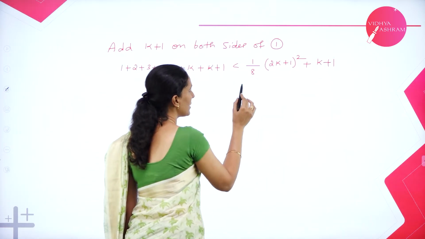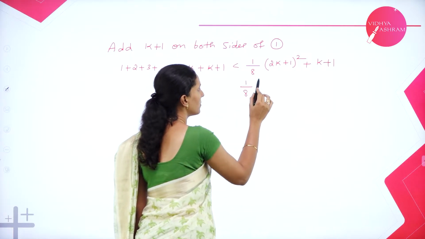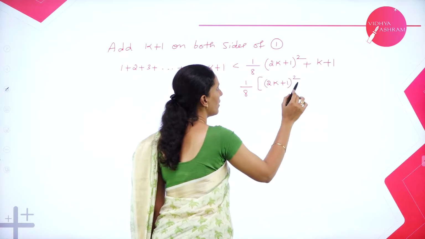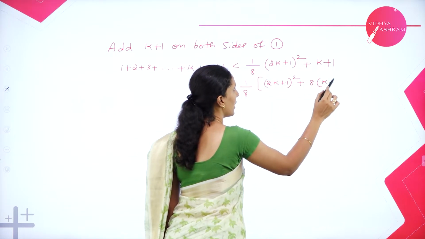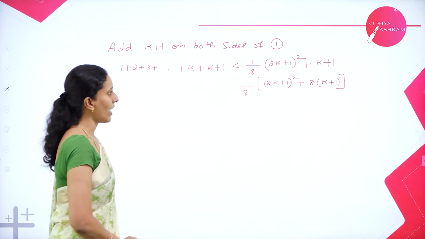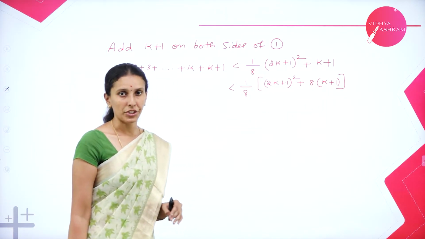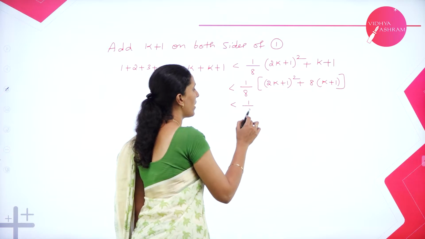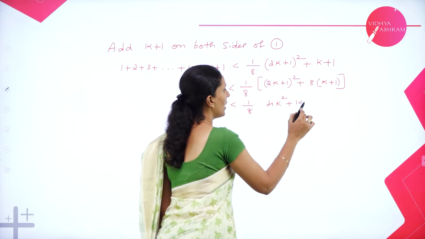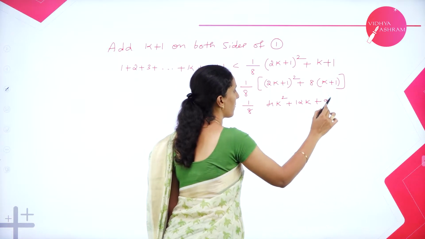Multiply by 8, it becomes 1/8 of (2k + 1) whole squared plus 8 into (k + 1). When you solve this equation, it becomes 1/8 (4k² + 12k + 9).